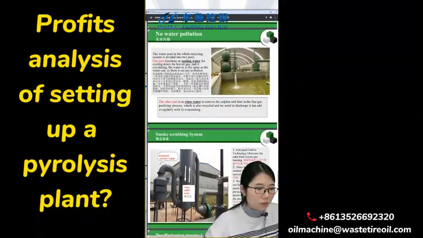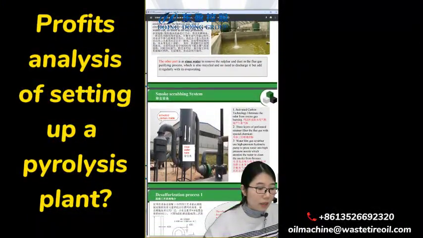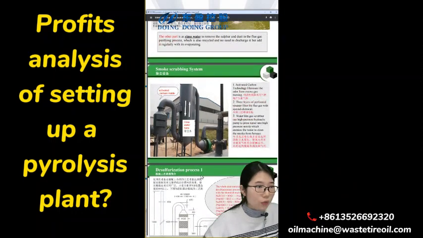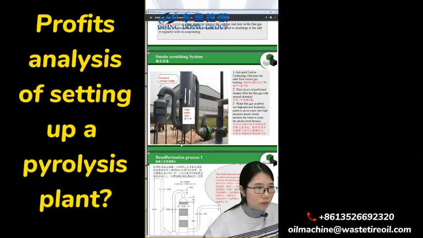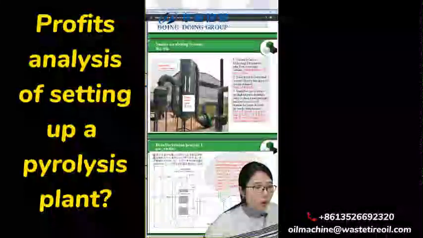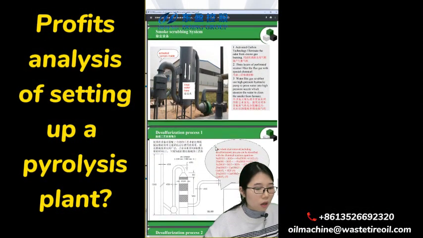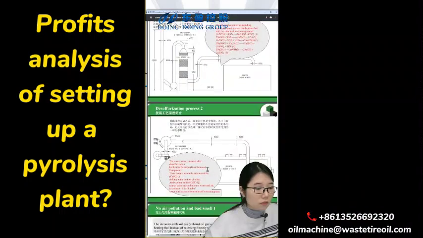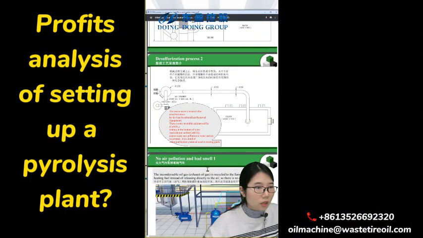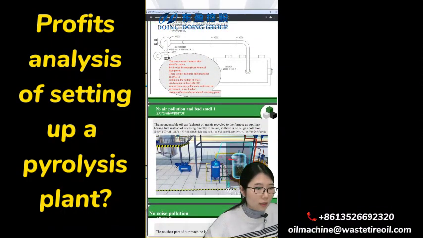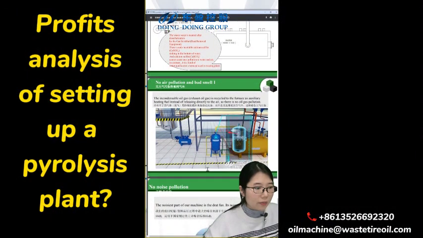For air pollution, we use dusting systems, such as smoke scrubbing systems and sulfurization systems, so it can control the air pollution.